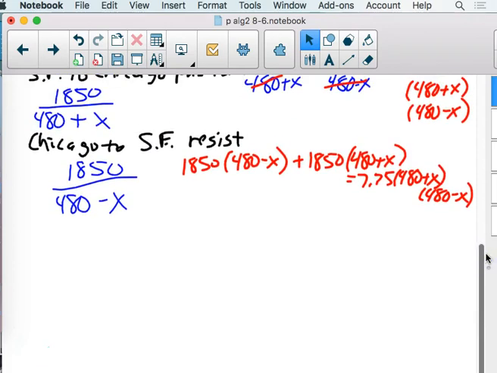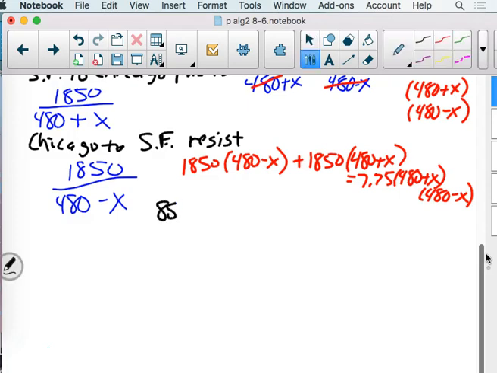So let's get started. Some big numbers. So 1850 times 480, 888,000 minus 1850x plus, well, good news is we already did the math for this one too.